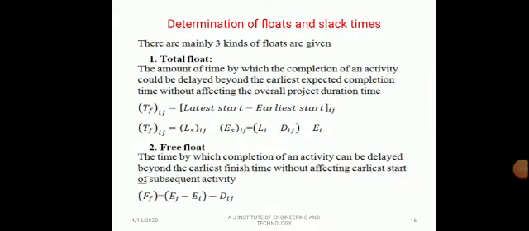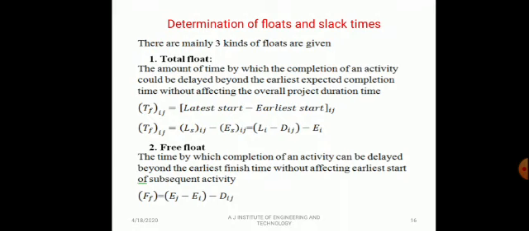Determination of floats and slack times. There are mainly three kinds of floats. The first one is total float: the amount of time by which the completion of an activity could be delayed beyond the earliest expected completion time without affecting the overall project duration.